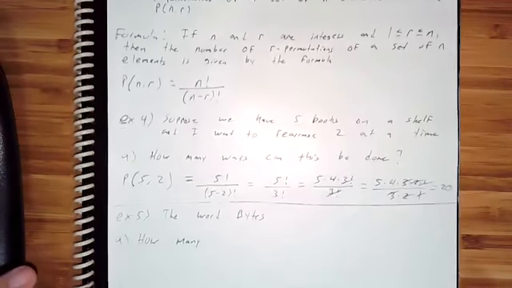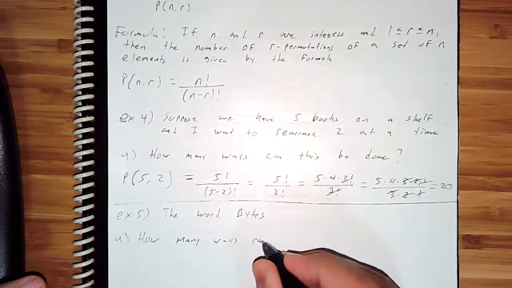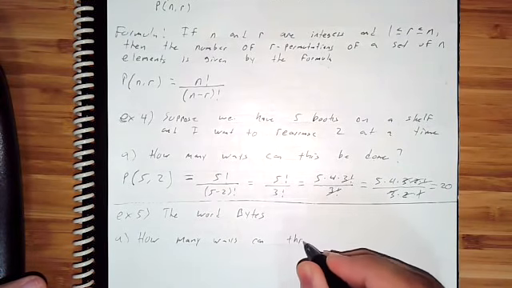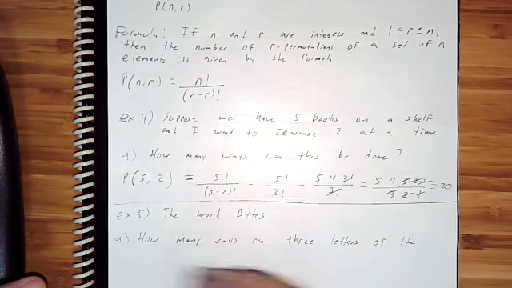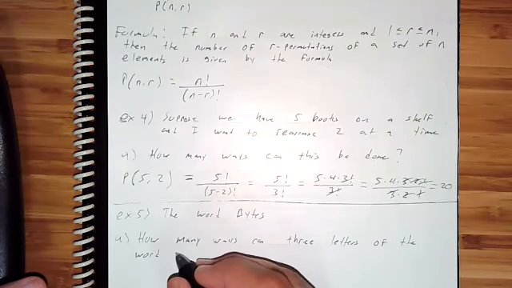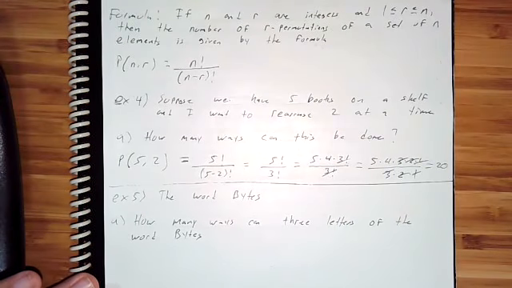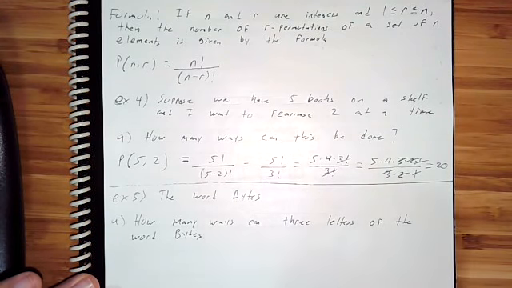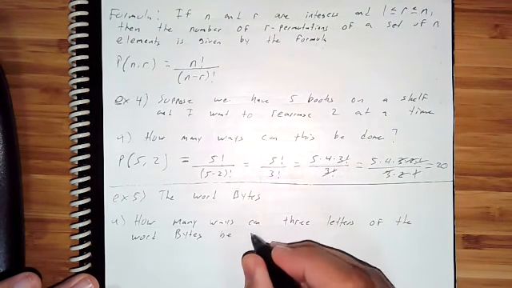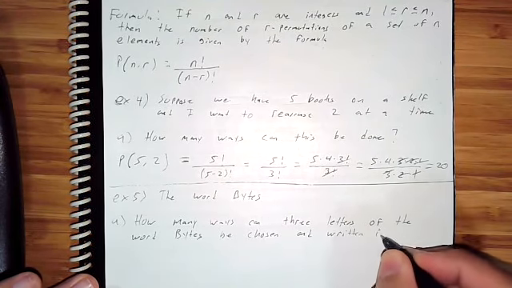All right, let's do one more. The word bytes. How many ways can 3 letters of the word bytes be chosen and written in a row?